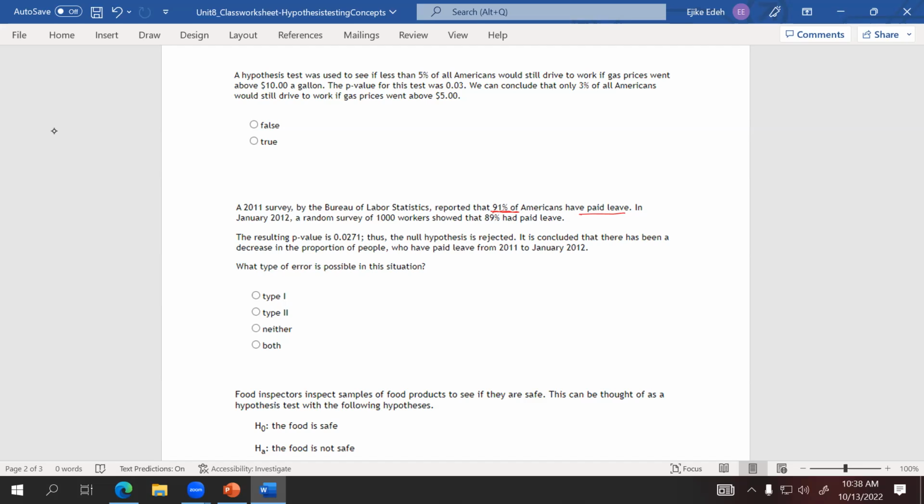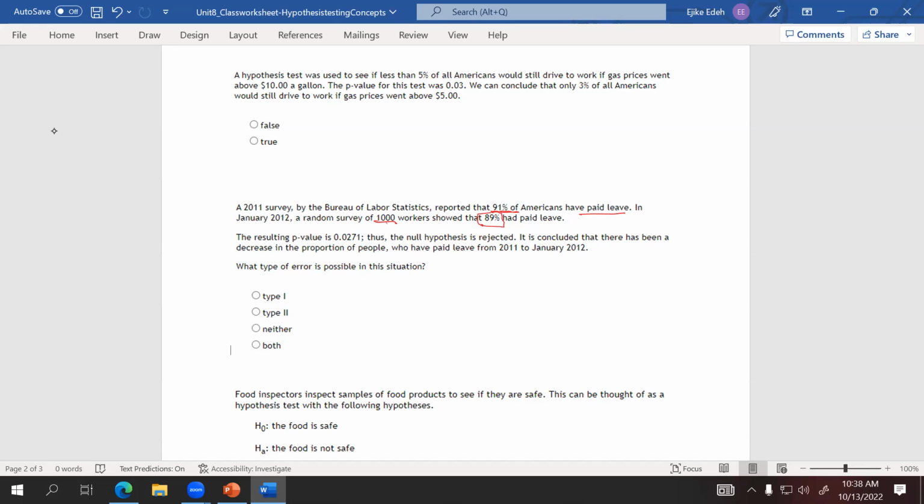People will check yes or no. And after surveying 1,000 people, the researcher realized only 89% of them actually had paid leave. Now, at this point, do you think the Bureau of Labor Statistics is wrong by their claim? That is 91%, when actually somebody took a sample of 1,000 and found out in that one sample, it's 89%.